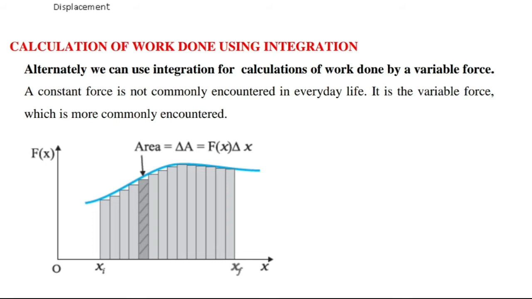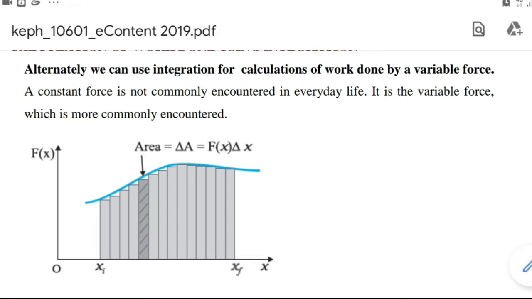To find that area or that work done, we will divide the interval from xi to xf. xi and xf are the initial and final positions of the object. The object is moved from xi to xf. During that displacement, the force is not constant.